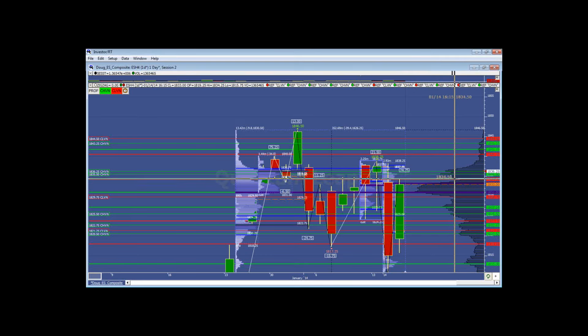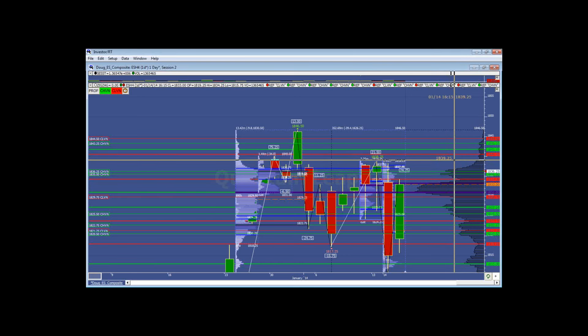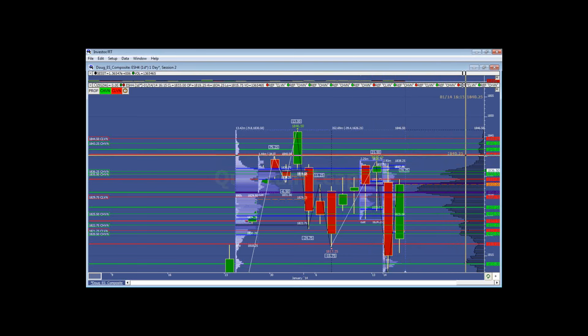But above 34.25, look for a push through to 38.75 to test the last swing high, the last fractal high on the daily, and then push through to the other side of balance at that CLVN at 40.50, and then if we can get through that, a move to 41.75.